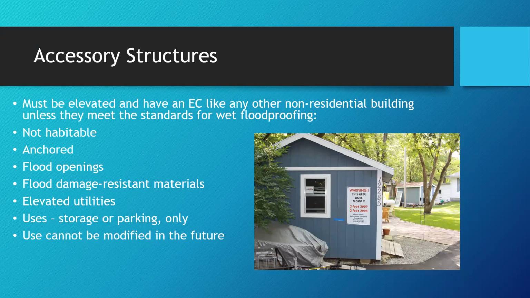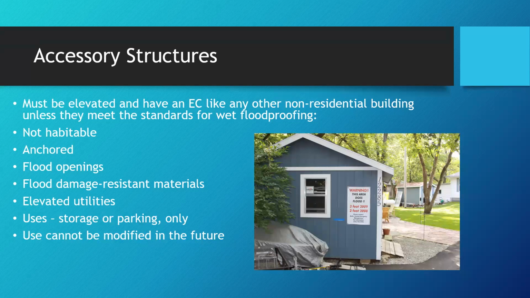So we want to see on the permit how many openings it has, what that net area opening is, and compare that to the enclosed space, the size of the accessory structure. So it has to be within 600 square feet. It's not habitable, it's properly anchored. Of course, it has those flood openings. It's made of flood damage resistant materials.